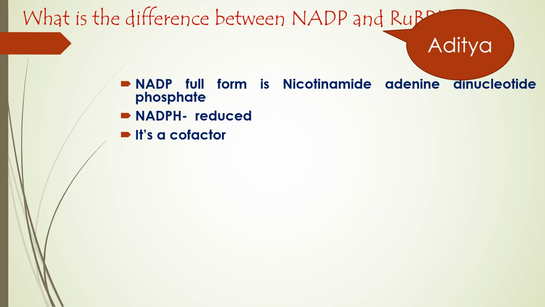So cofactor is this kind of a coenzyme or accessory part which will help the enzyme to work properly. So NADP is a kind of cofactor which will help the main photosynthetic enzyme, RuBisco, which will act upon RuBP. So for that RuBisco to act properly, we need the NADP. Okay.